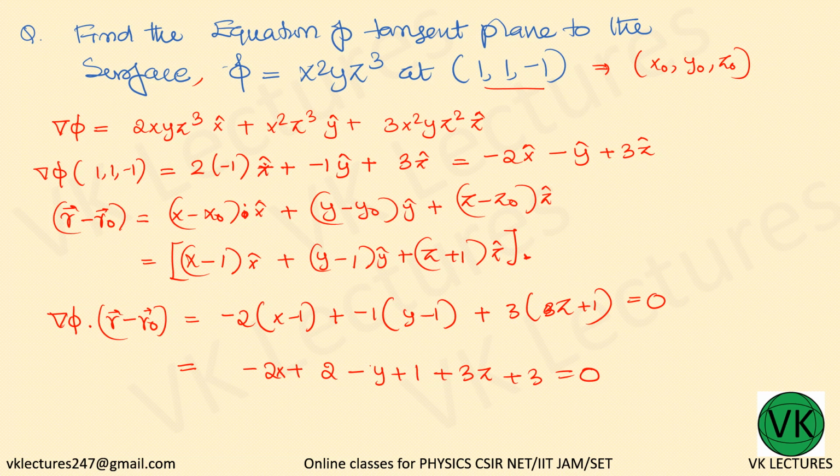Now bring the x terms together, bring that to the other side. So 2x plus y minus 3z equal to 2 plus 1 plus 3, which is 6. So 2x plus y minus 3z equal to 6.